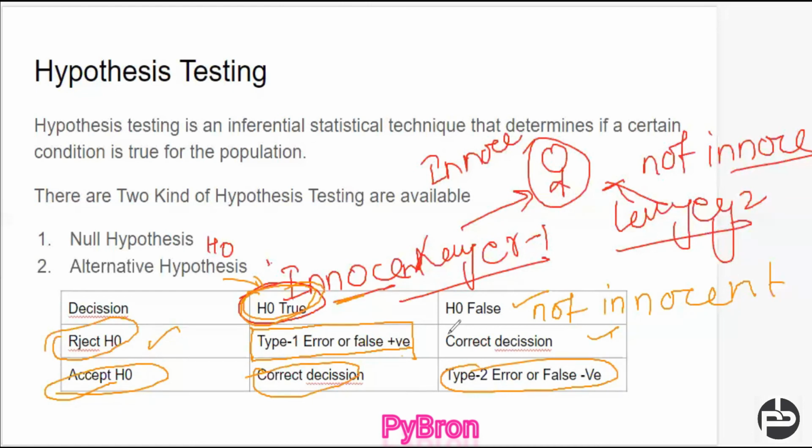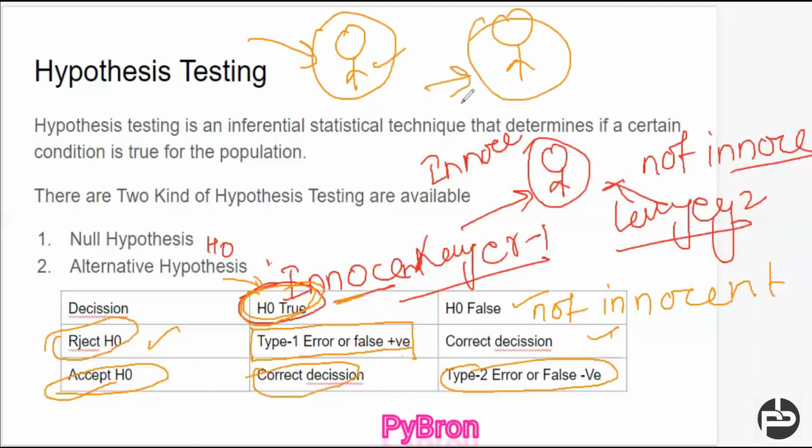You can see it like this. Let's suppose this person is innocent, and our constitution gave a punishment, which is better? Or let's say we did not reach any conclusion, whether he's innocent or not, I don't know, and we did not give the punishment to him. This is better, right?